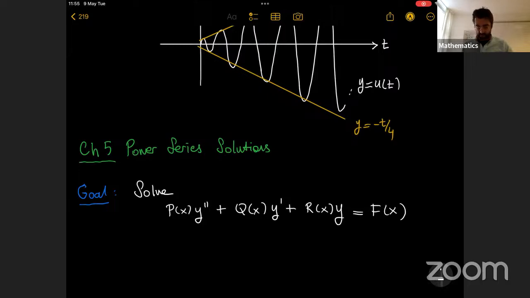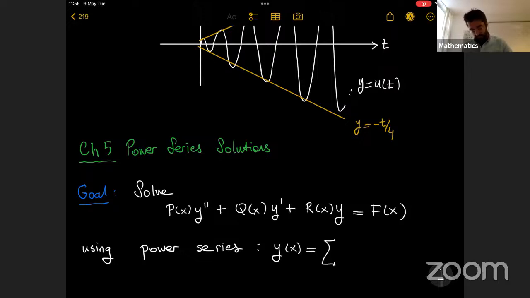Okay, and using power series. So we're going to write the solution y in the power series form like this: the sum of a_n (x minus x naught) to the n, n from 0 to infinity.